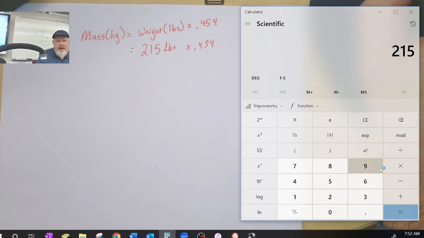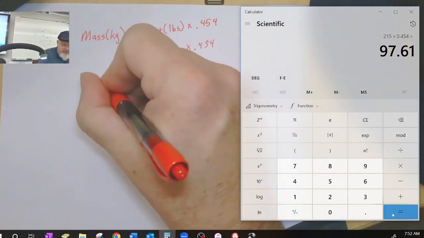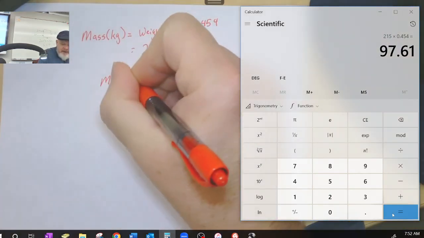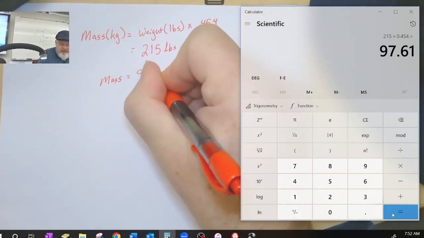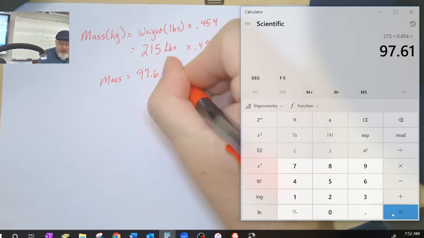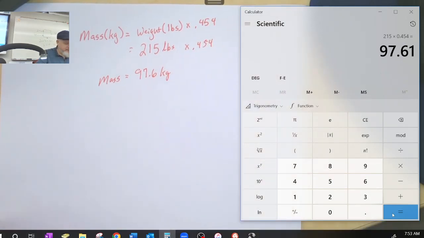and I'm going to type in my weight, 215 pounds, and I'm going to multiply that by 0.454, and that's going to give me a mass in kilograms of 97.6 kilograms. I'm going to round that to the nearest tenth, okay?